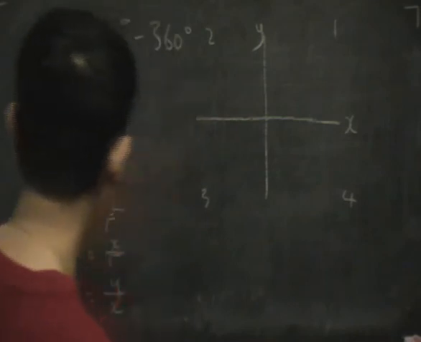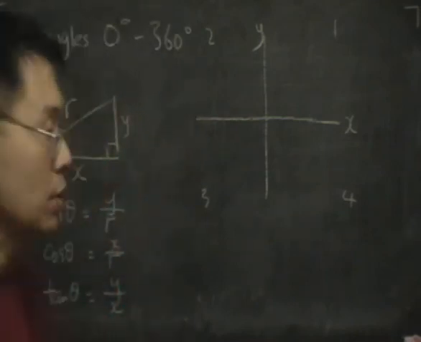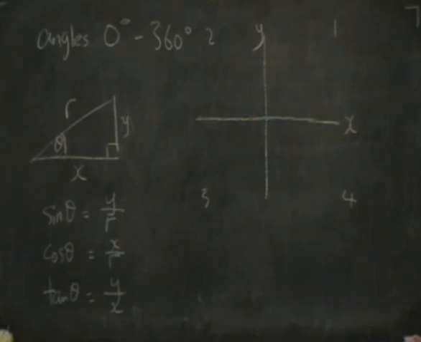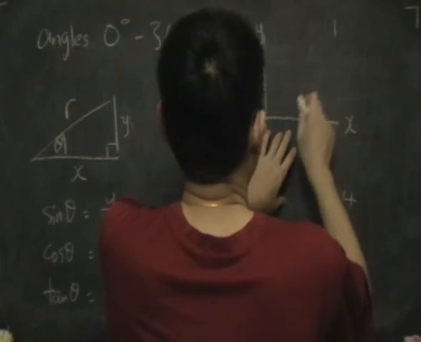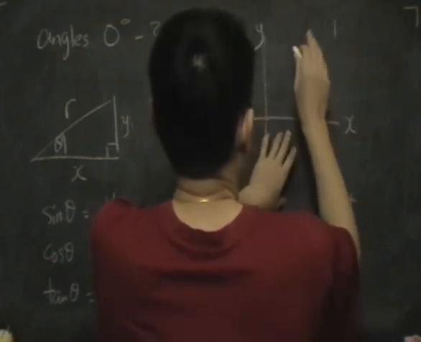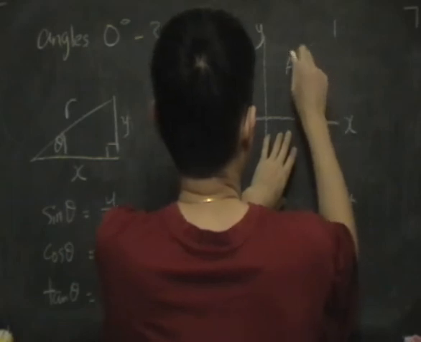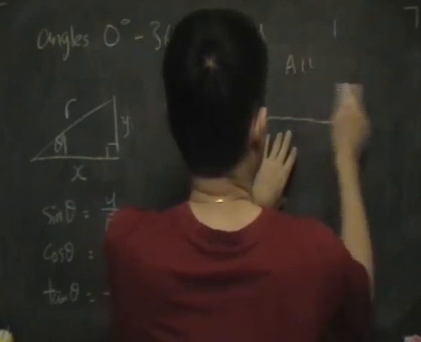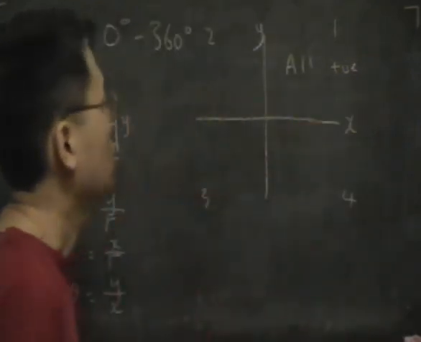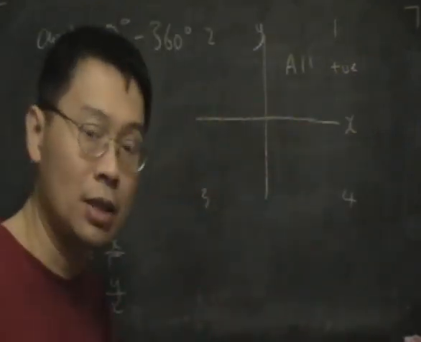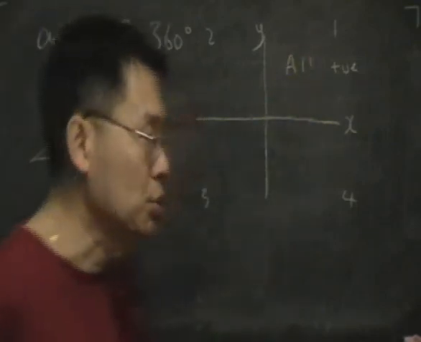Now we have sine, cosine and tangent, three trigonometric ratios to think about. The way to remember is to say that in the first quadrant, all are positive. This means that sine, cosine and tangent are all positive if the angle is in the first quadrant.